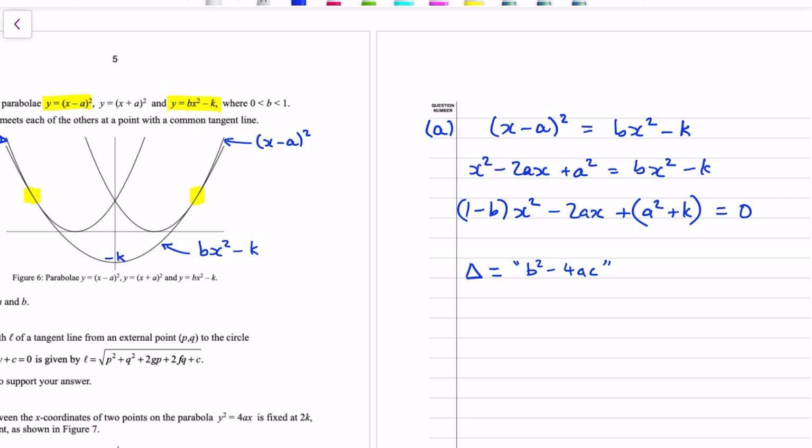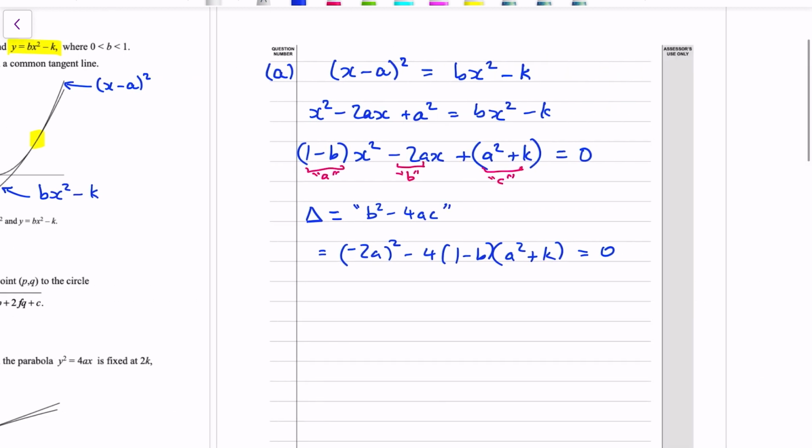It means this is my 'a', that is my 'b', and that there is my 'c'. Okay, b squared minus 4ac, so (minus 2a) all squared minus 4 lots of (1 minus b) times (a squared plus k), and that equals 0 for one solution or for a tangent.